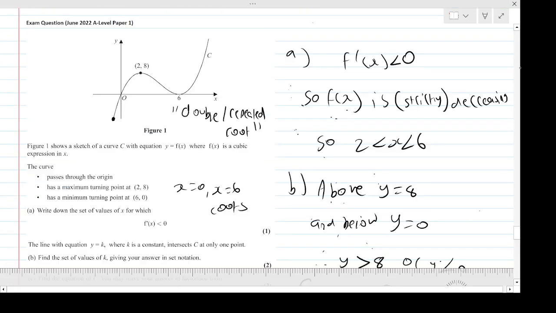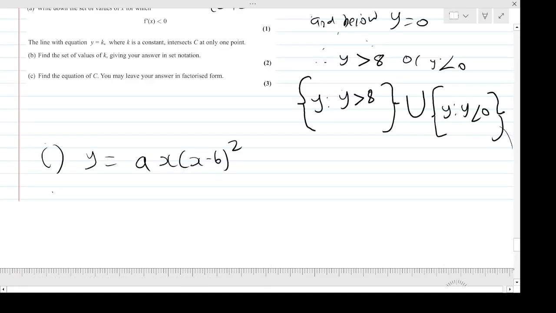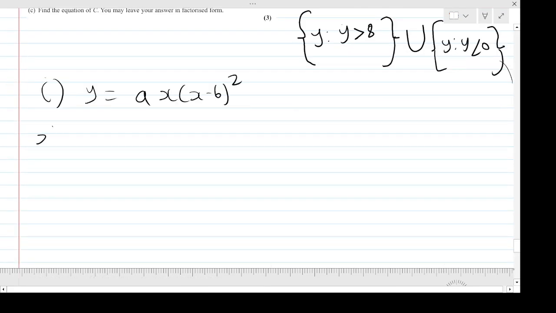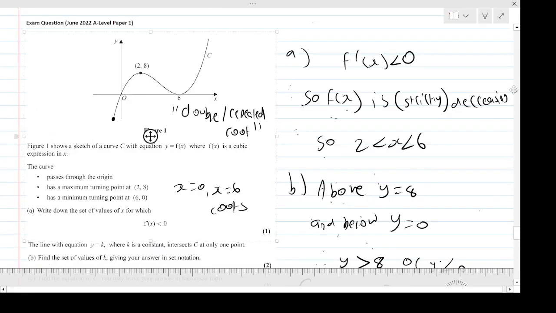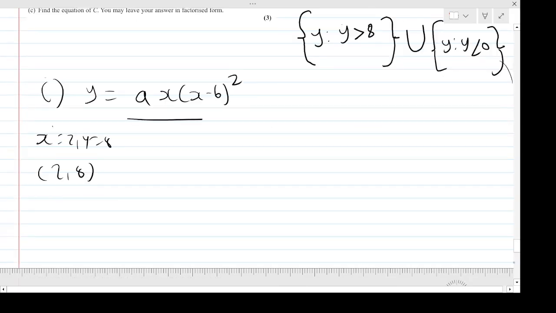And I can use a point to substitute into. I know this point lies on the curve, right? 2, 8. If x is 2, y is equal to 8. That's my point on the curve, 2, 8, right? If that point is on the curve, I can substitute into my equation to find a. So therefore, y is equal to 8, a times x, which is 2, times x minus 6.